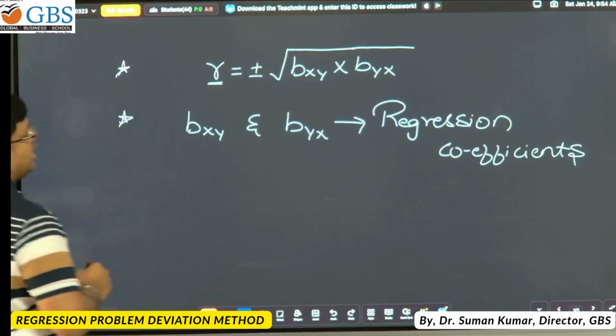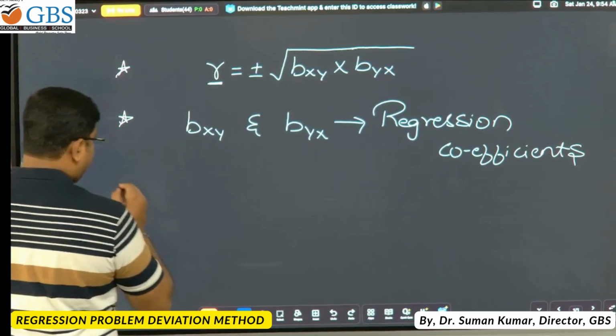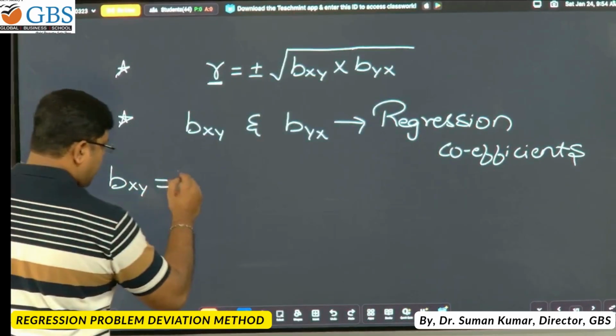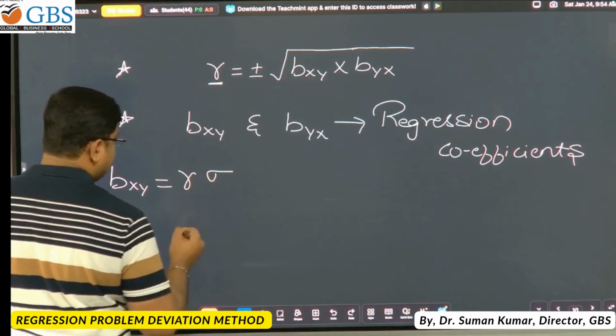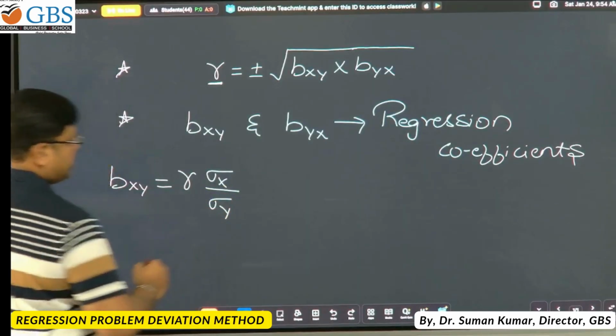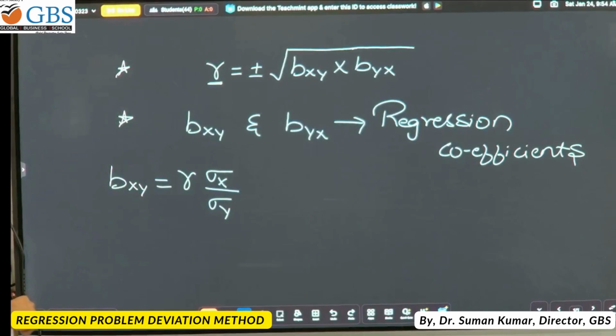See, there are two formulas to find out bxy. So bxy can be found out by using R into standard deviation of x divided by standard deviation of y. This is one formula.